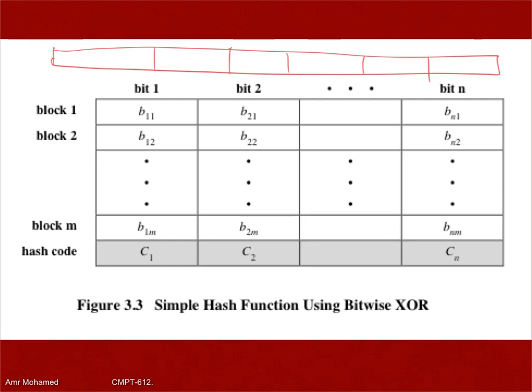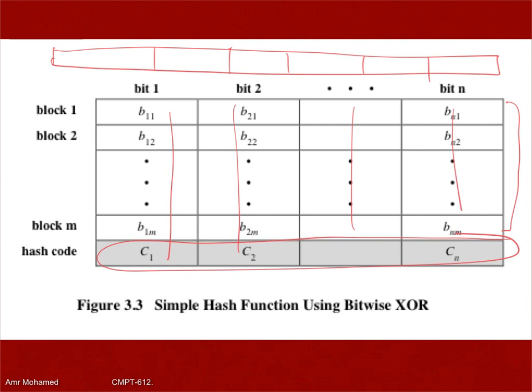And then stack these blocks, one on top of the other. And then you do XOR for every single column to produce a hash of a length of 16 bits or whatever. Very simple. XOR all the blocks. Okay? Theoretically that's a type of hash too, right?